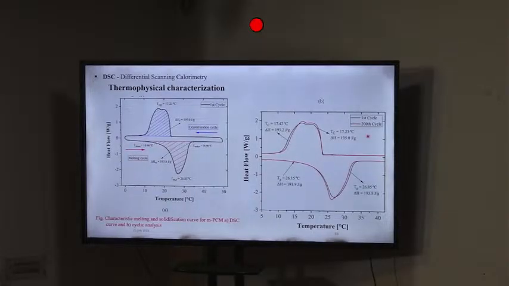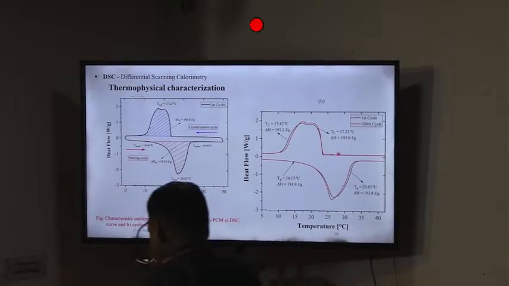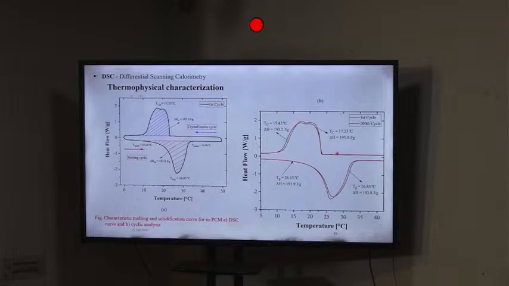The heat storage capability and heat capacity of the microencapsulated slurry remained intact.